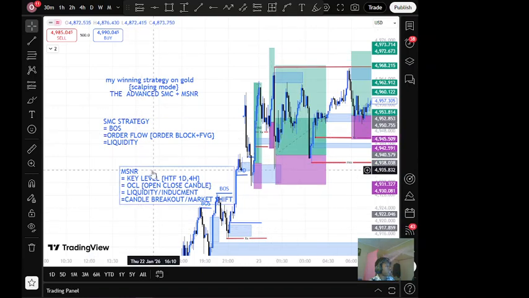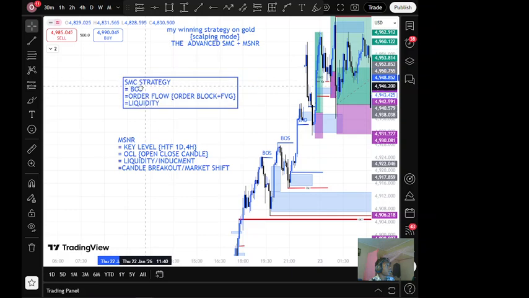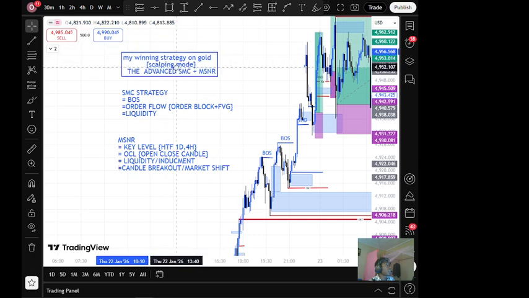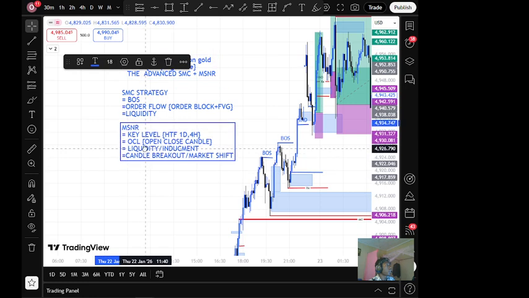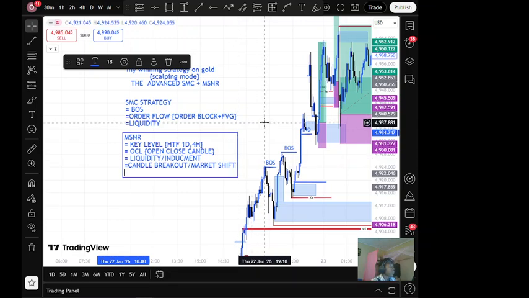Basically it's on the lower time frame, LTF. Look at the 15-minute or the 5-minute, but maybe when I'm scalping at times I use the 1 minute, though it's not advisable.